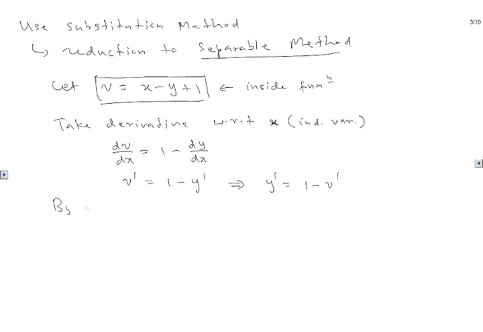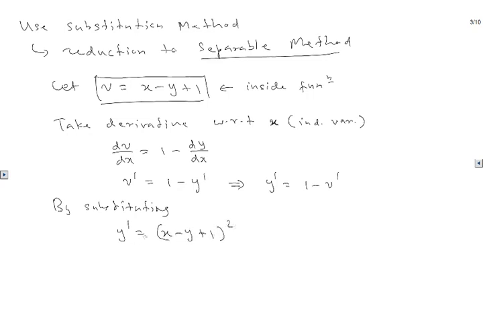By substituting, our original differential equation now becomes, so okay, let's write that. So we had y prime equal x minus y plus 1 to the square. Now what will happen?